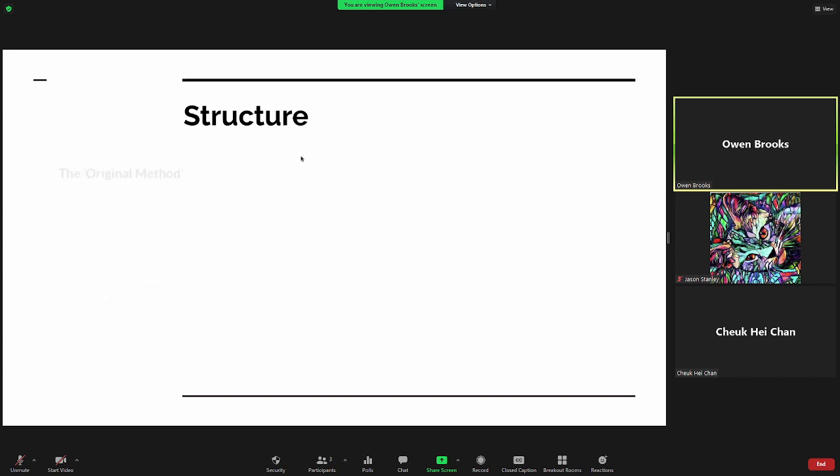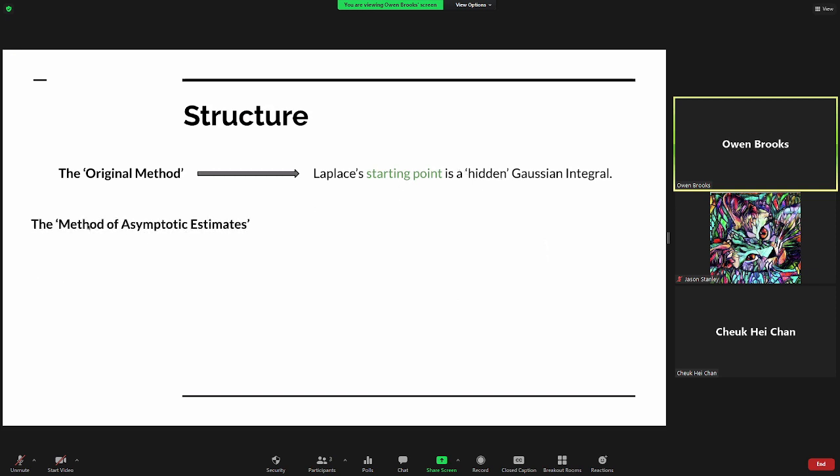So in terms of structure, we're going to start with the original method and show that that was Laplace's starting point, and it's actually just a hidden Gaussian integral. And then we're going to move to the method of asymptotic estimates, which Austin just mentioned. We're just going to do a brief overview, prove the relevant inequality, and then transform that inequality to resemble Euler's formula.